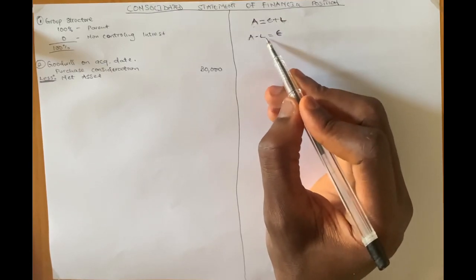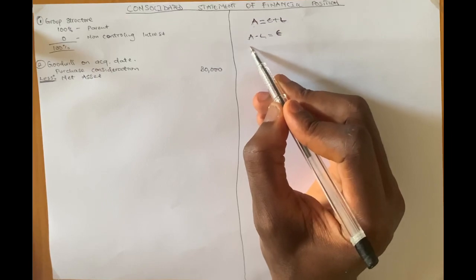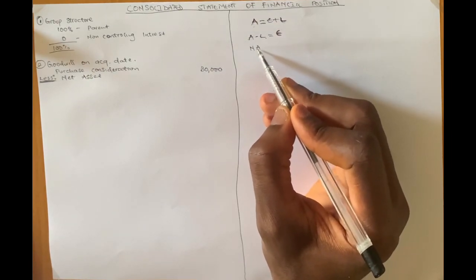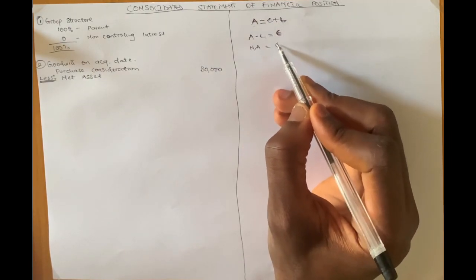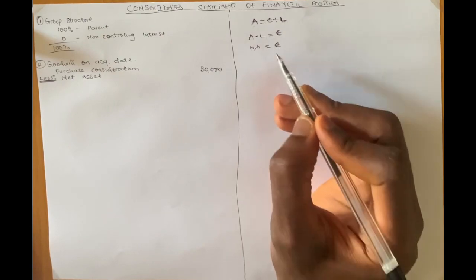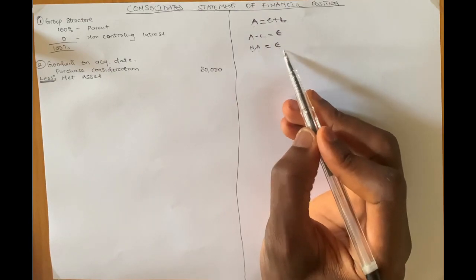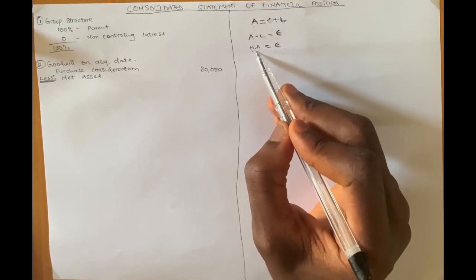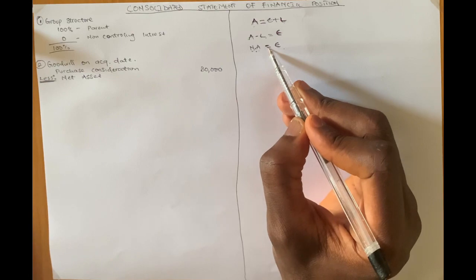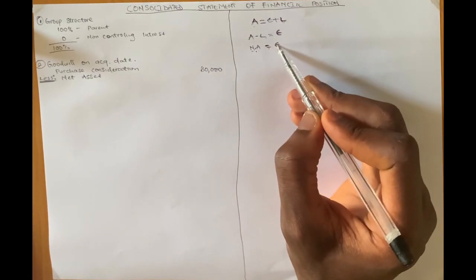So asset minus liability is called the net asset, equals to equity. When we say net asset equals to equity, any figure that is in the net asset, because of this equation sign, is also the same figure that will be in the equity.